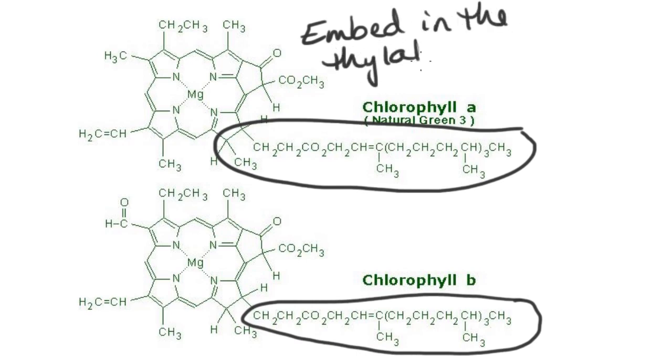The way that they're able to embed in that membrane is that they can insert those hydrophobic tails into the hydrophobic core of the membrane. The chlorophyll molecules do that. Other types of pigments are also going to have long hydrocarbon portions that can embed in those thylakoid membranes as well. This does not apply to all pigments that you would have anywhere, but this is the case for the pigments that are going to be involved in photosynthesis.